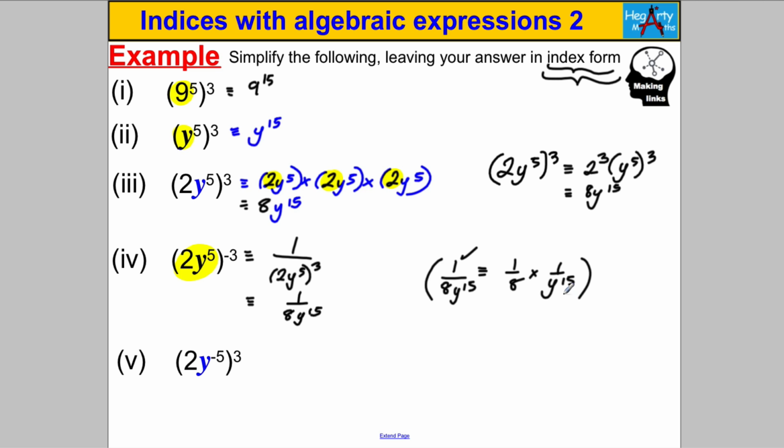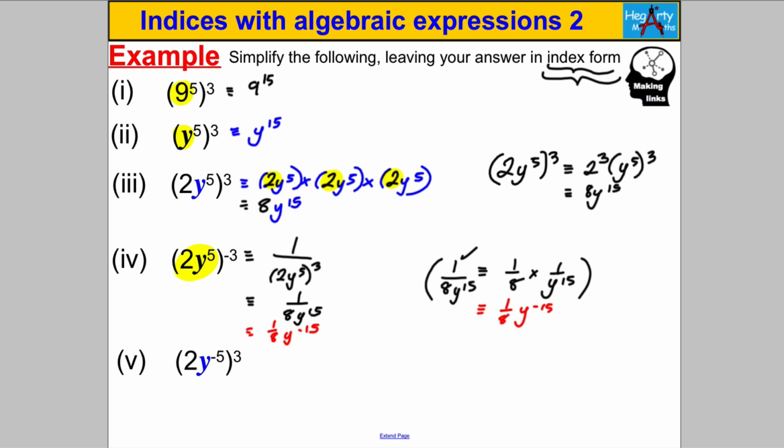But the 8 times the y to the 15 would give me 8y to the 15. And this is handy because 1/8, I can write as just 1/8. But this thing here, I can write as y to the power of negative 15. And that's in the index form that the question was looking for. So this is 1/8 y to the negative 15.